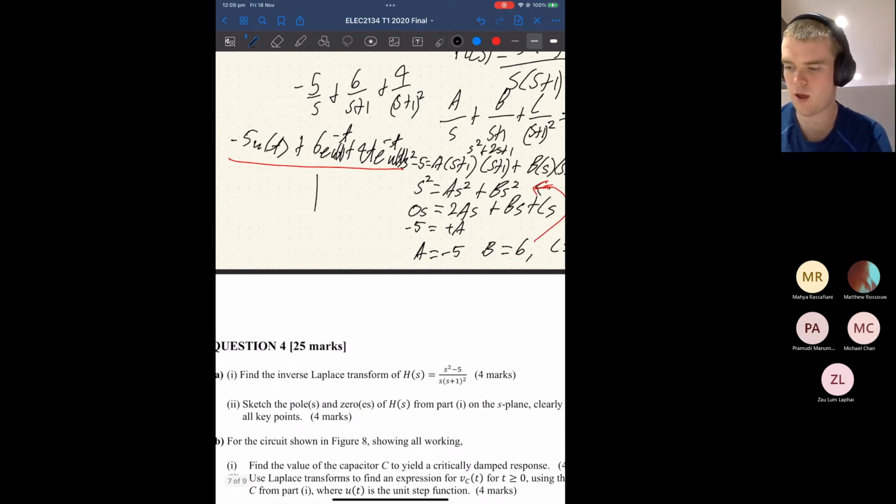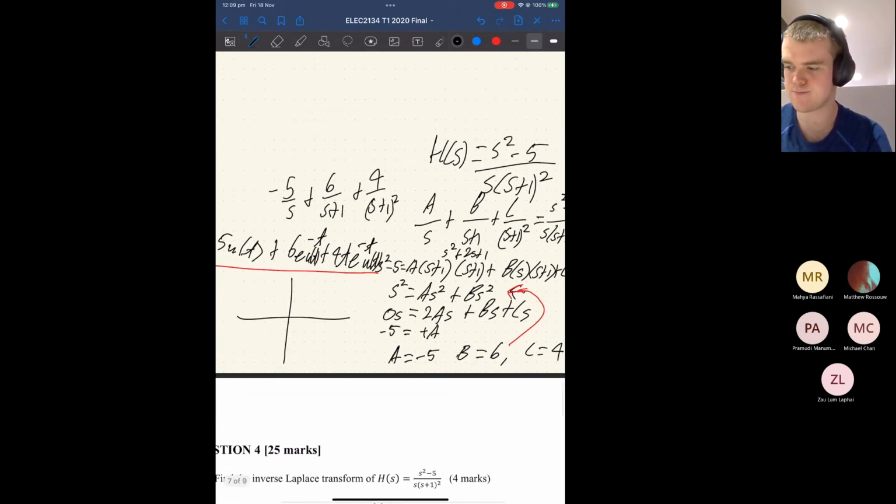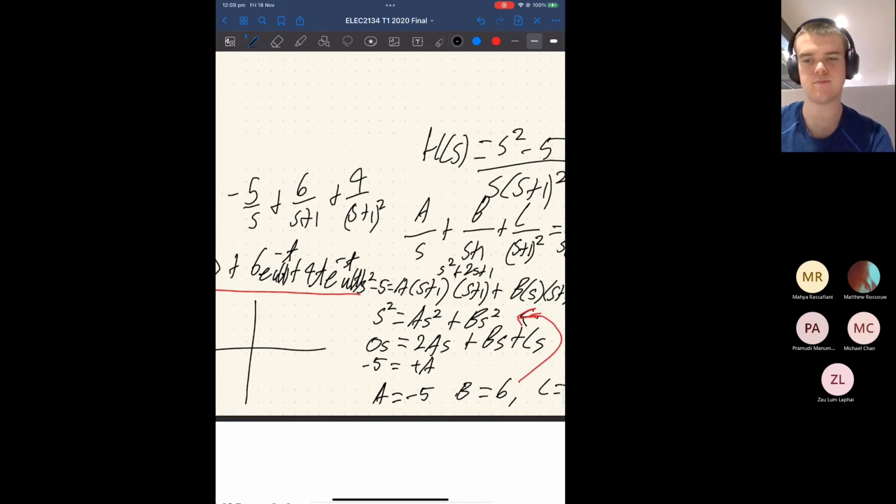Alrighty, and now let's get to the poles and zeros. Now, when do we have the poles and zeros? Who remembers? Zero is when the numerator is 0, and pole is when the denominator is 0.